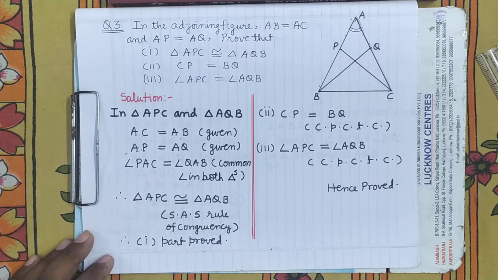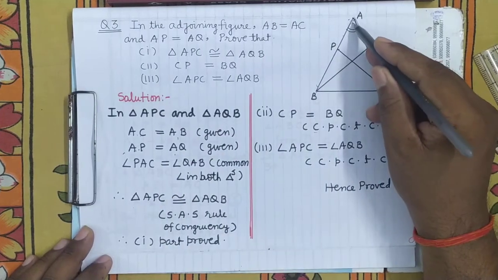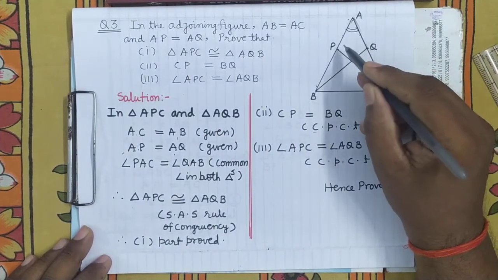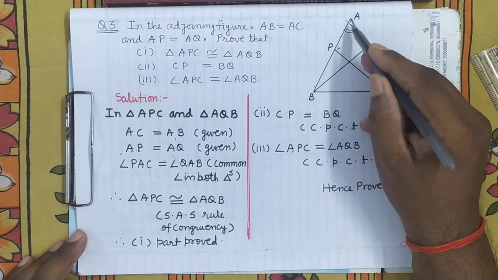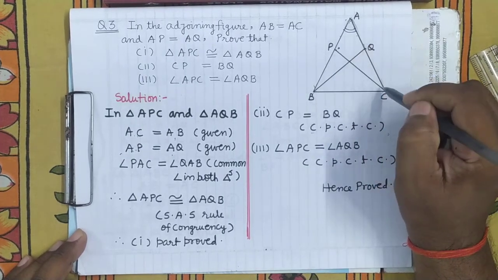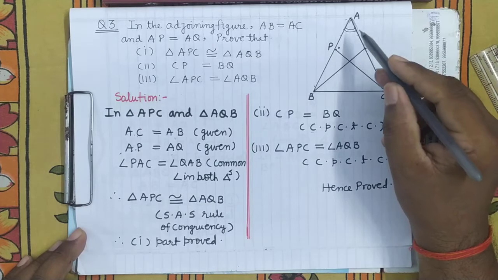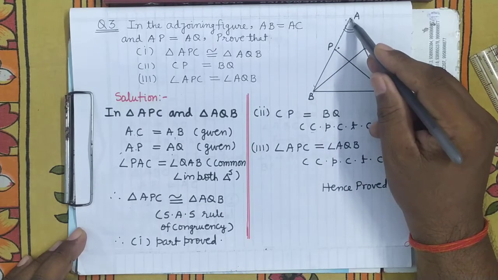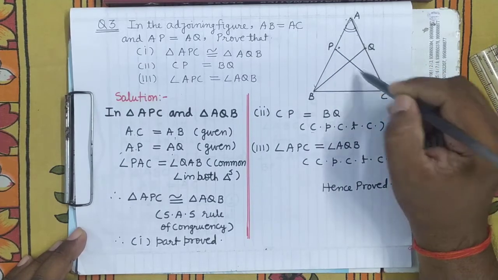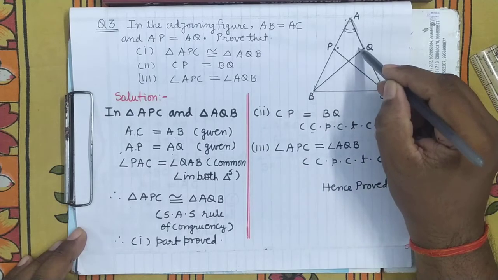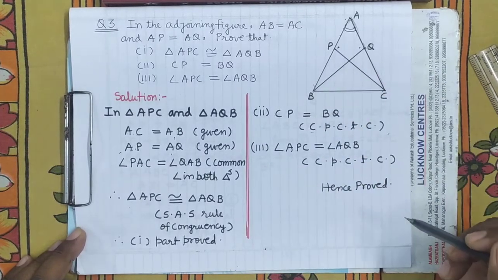Then see angle APC. Angle APC is included by which two sides? It is included by this and this. In the other triangle, these sides are AQ and, in place of CP, BQ. Therefore these two angles will be equal.